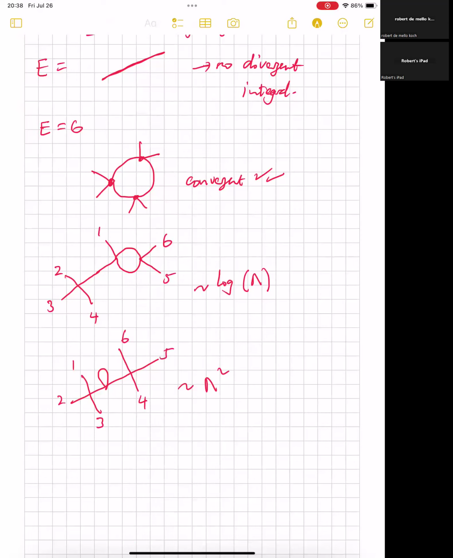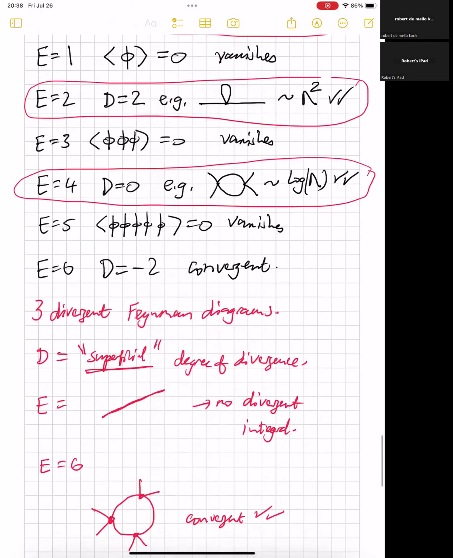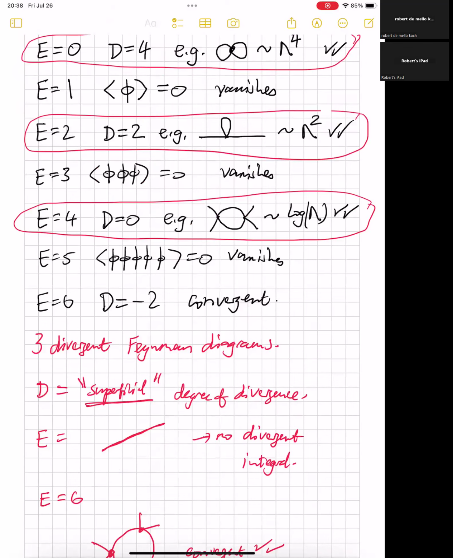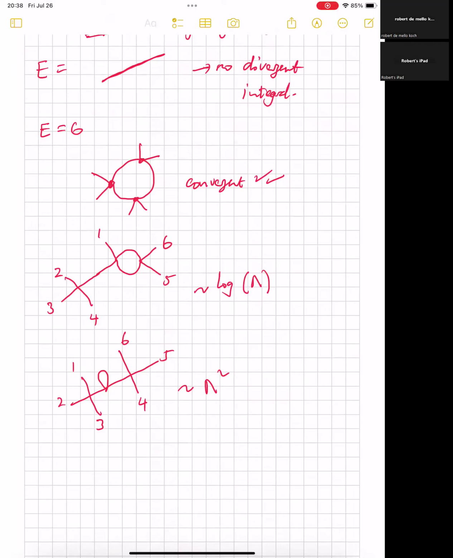Now, what's going on? Well, basically, the divergences from lower diagrams, like the one for E is equal to 2 and the one for E is equal to 4, can be embedded into diagrams with a higher value of E. So when we say that now the Feynman diagram is convergent, we really mean there's no new divergences, but the old divergences can still appear.